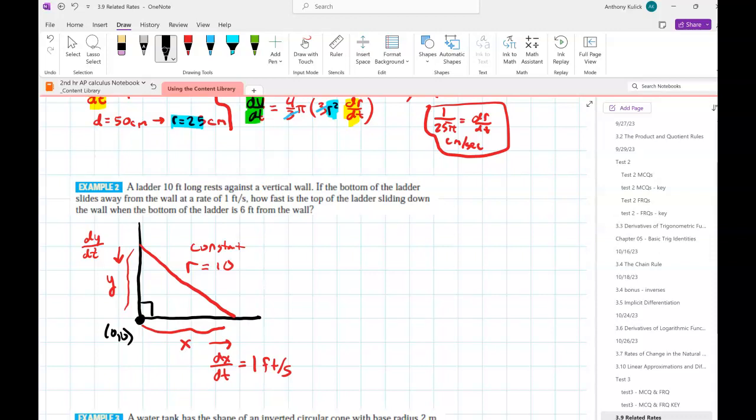Everybody agree? What would we say about our change in y? Should be negative, right? We'll keep that in mind. And this is just building intuition, right? Because I think that's what it's asking us for. And it says when the ladder is 6 feet from the wall.